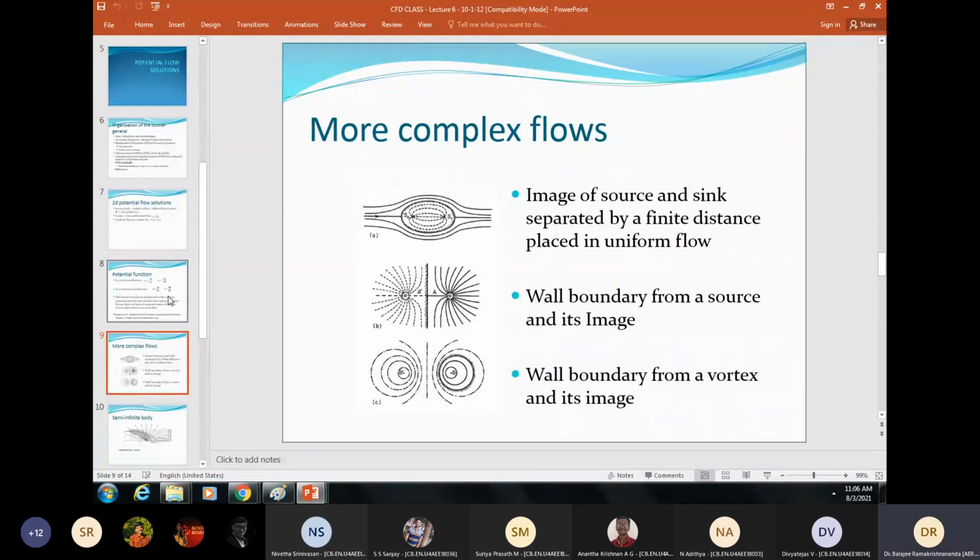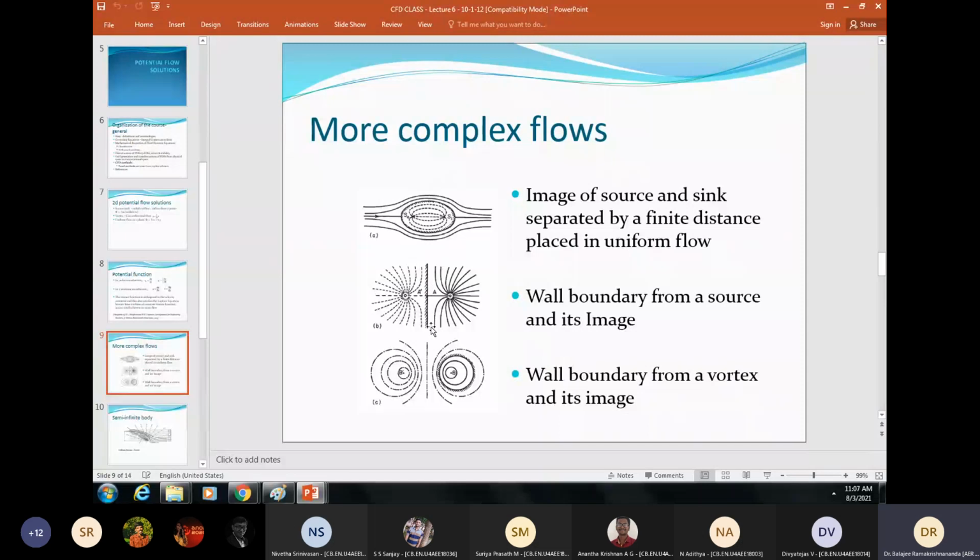So you might have created these complex flows either in a fluid dynamics course or in the aerodynamics course. Okay. So take a source and sink separated by a finite distance. If you place it in uniform flow, you will get flow over an object called a Rankine oval. Then if you have a source and its image, or two sources placed together, they will form a straight line.